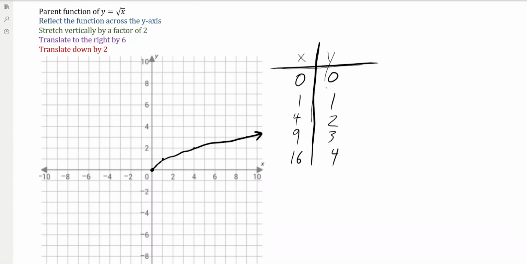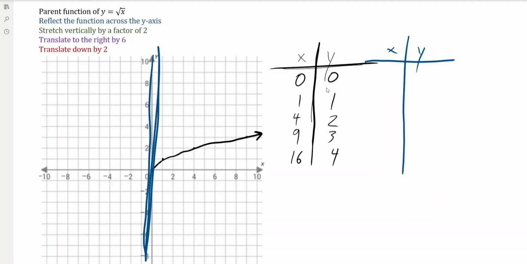So now let's take a look at the first step, which is to reflect it across the y-axis. When we do that, we can look at the table of values and what changes. If it's reflecting across the y-axis, across this kind of mirror, then every point, however far it was, now just becomes a negative version of itself. So the x values are changing.